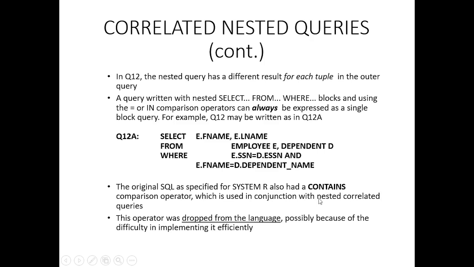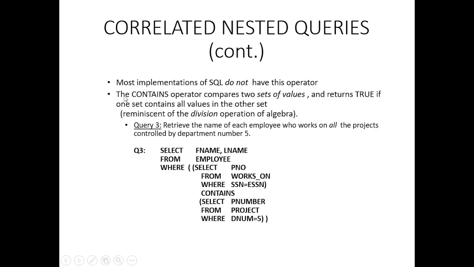Most implementations of SQL do not have this contains operator. The contains operator compares two sets of values and returns true if one set contains all values in the other set. That is the purpose of a contains operator.